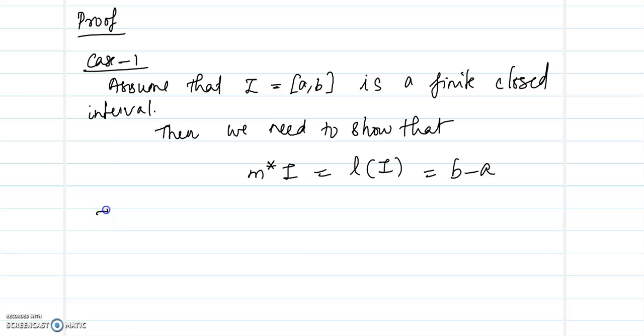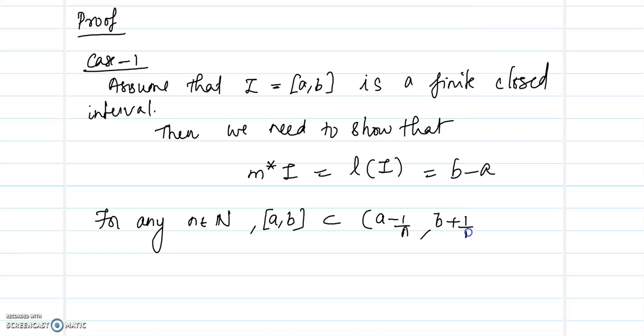Now for any n belonging to N, if you take the closed interval [a, b], it will be contained in the open interval (a minus 1 by n, b plus 1 by n).